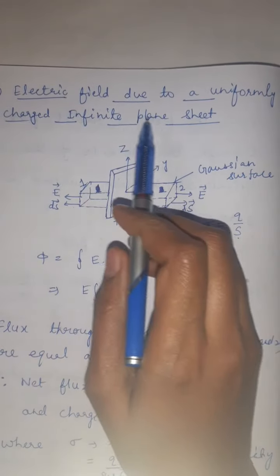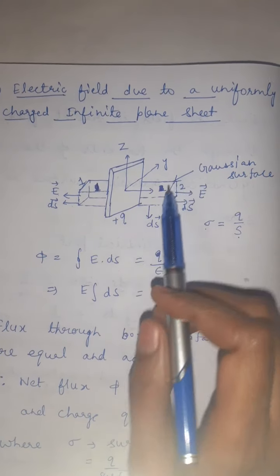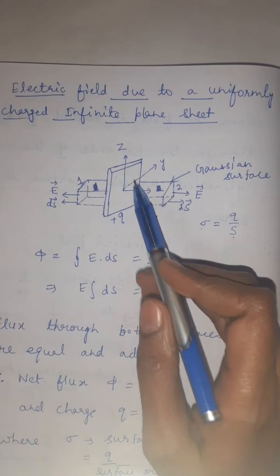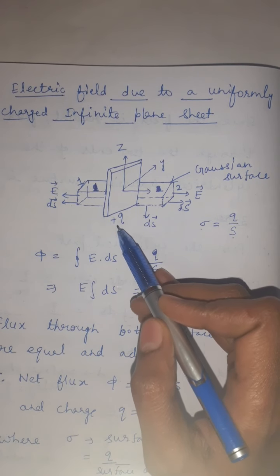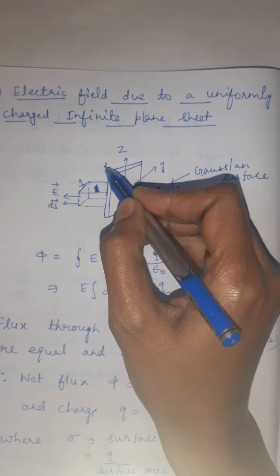Now the electric field due to a uniformly charged infinite plane sheet. This is the uniformly charged plane sheet having the charge plus q, and its surface charge density is sigma.